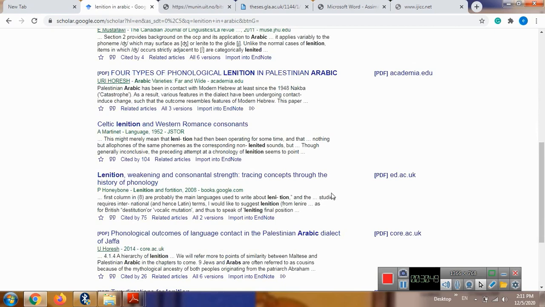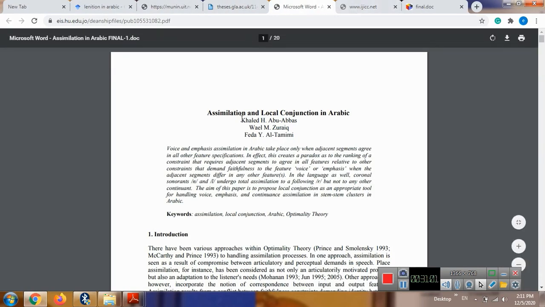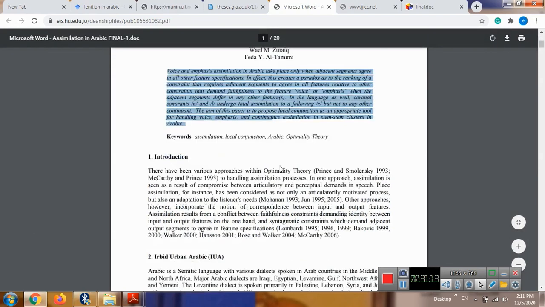For example, here we have so many phonological processes in this language. Here, for example, assimilation and local conjunction in Arabic. By reading its abstract, you can understand what this article is about.